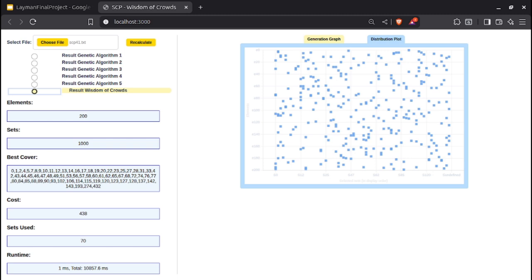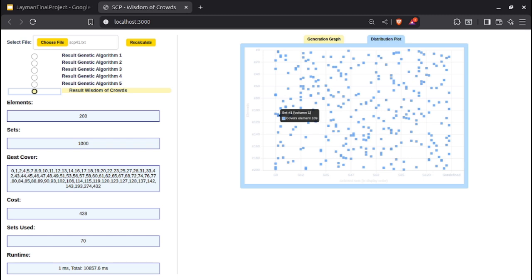So let's look at the distribution of each set and kind of explain what's going on here. We have elements listed on the left, and then each set is listed across the bottom. And we're only displaying our solution, so we're not going to see sets that aren't being used. By doing this, we can look across horizontal rows and find any redundancies.